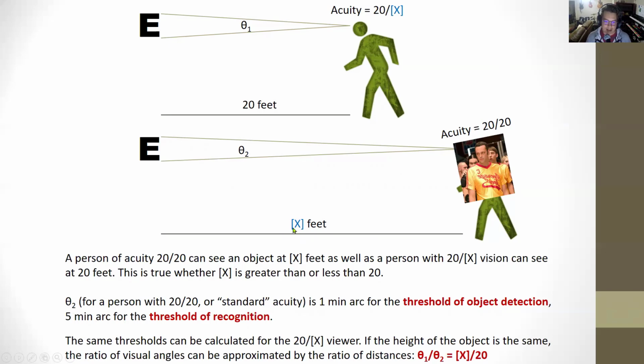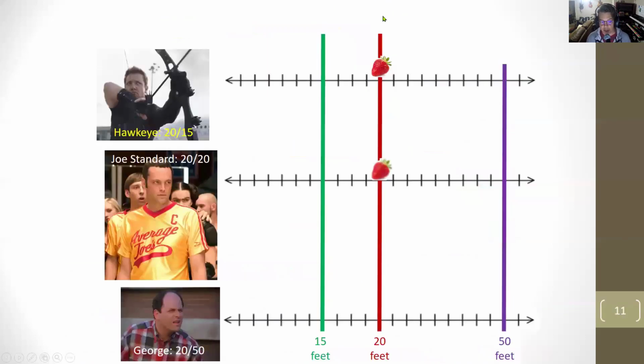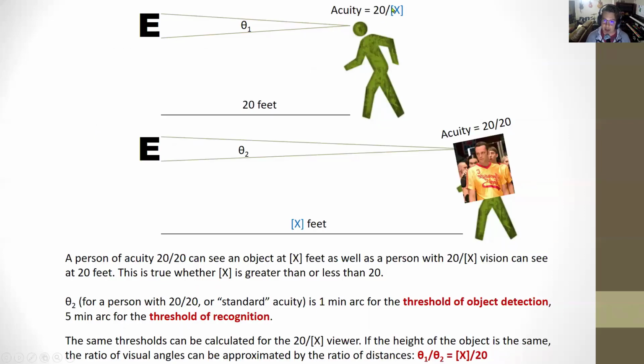Why that matters? This X, if you take that same value and you put it here and you identify a person who is 20/X, so could be 20/50, right? Could be like George here, could be 20/50. What that means is at 50 feet, your standard, Joe Standard, will be able to see this object with the same amount of clarity as a 20/50 person will be able to see at 20 feet.